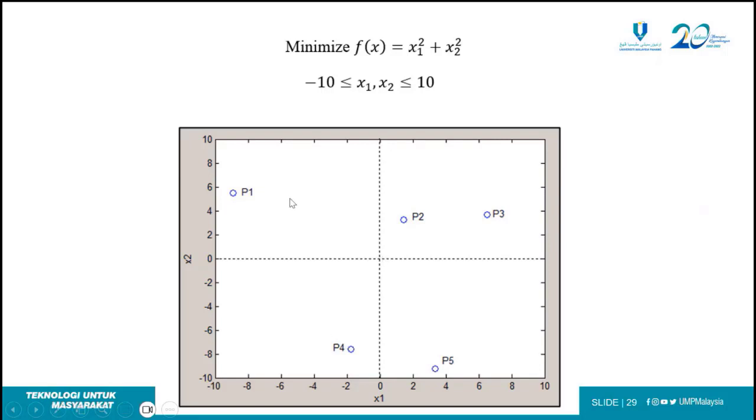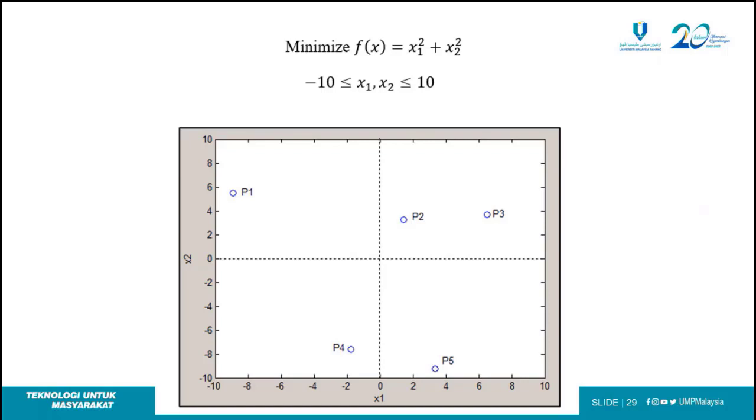So all other solutions will move towards this best solution with some random element, including a random direction. For P3, maybe it's not going directly to P2, but with some random factors and also a random speed.